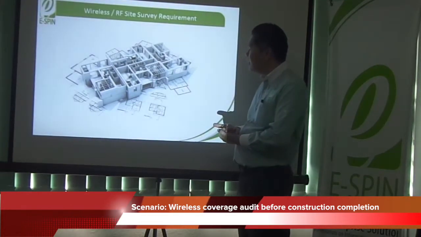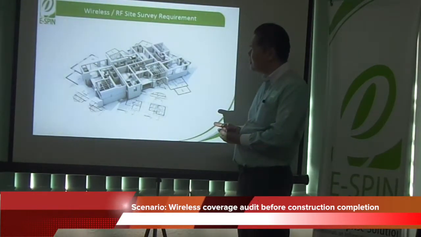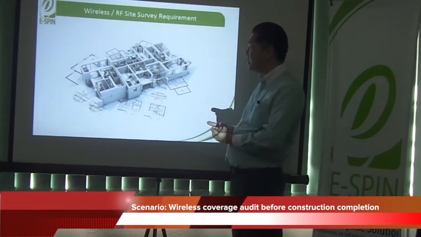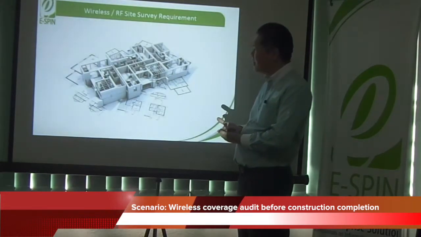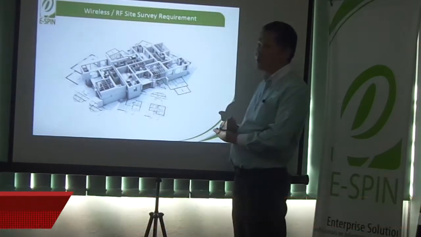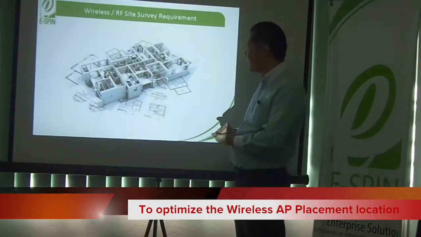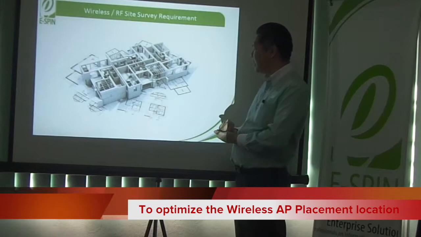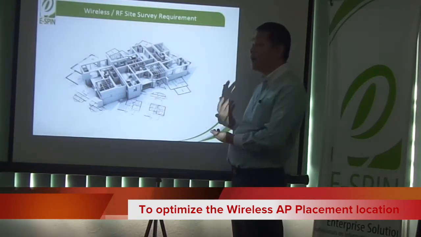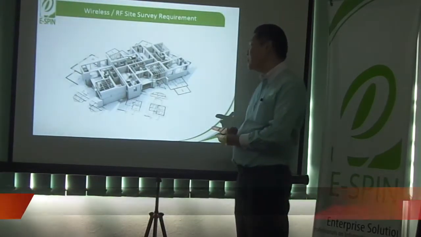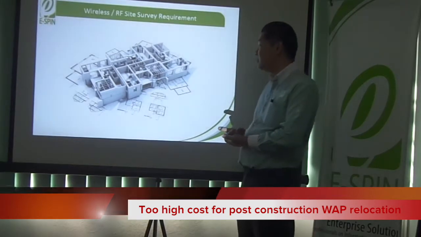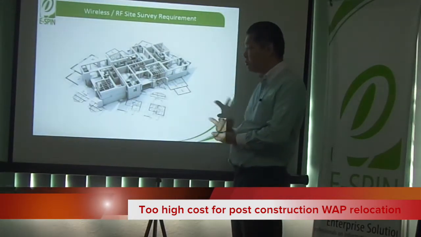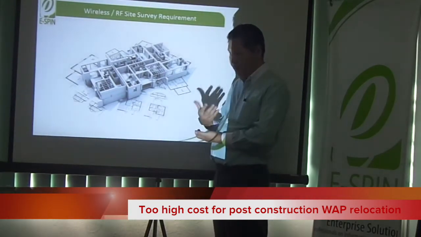Also sometimes for construction, you may not want to wait until your full construction building is complete before you decide on the placement of your wireless access points. What is the location, right? Because sometimes it's just too late, and then it will cost even more for you to install and uninstall to place them in the right location.